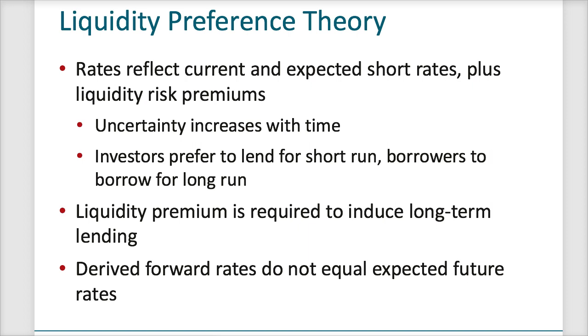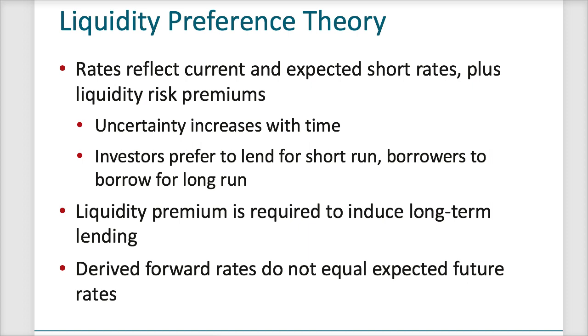If we want to talk about the difference between the liquidity preference theory and the expectations theory, we have to recognize that interest rate expectations are uncertain. So risk-averse investors need to be compensated for this uncertainty. For longer-term bonds, you need more compensation. So the forward rates and estimated future rates are not the same. They differ by the amount of liquidity preference. What we're saying here is that investors, if they're going to take on additional risks that limit or lower liquidity, are going to need additional compensation.